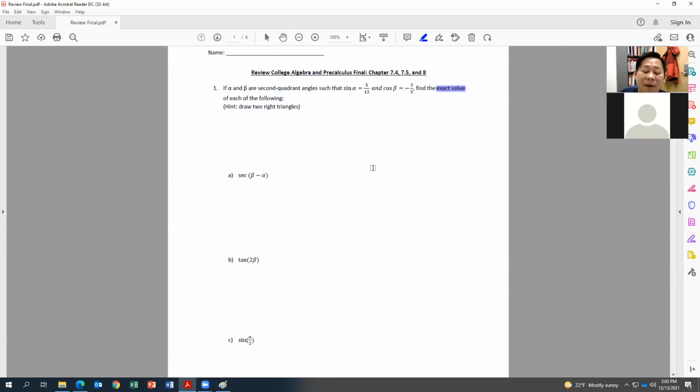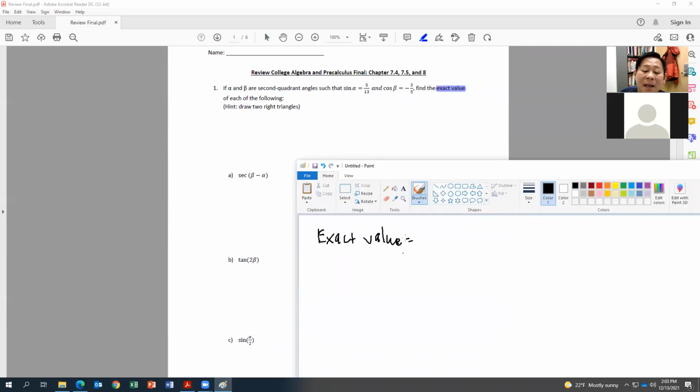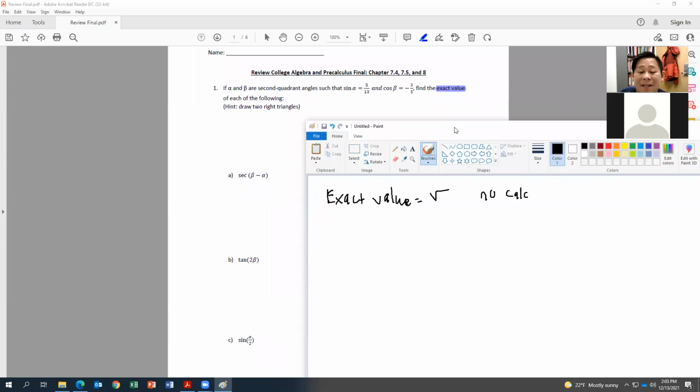The meaning of exact value in this case is that it has to be in square root form. You cannot use a calculator in this case. It has to be in fraction. So if I ask you for what is cosine pi over 4, the exact value is √2/2.